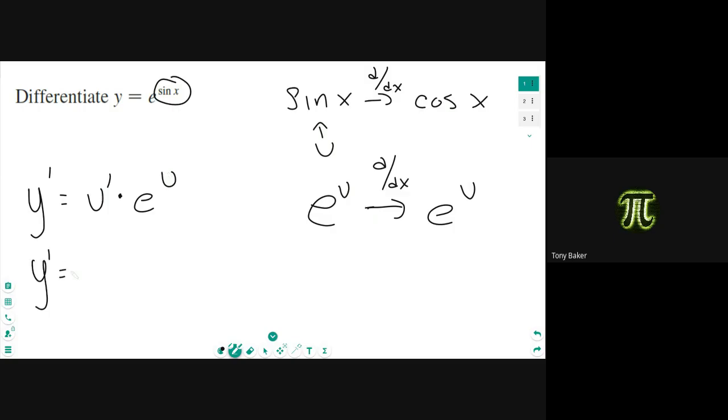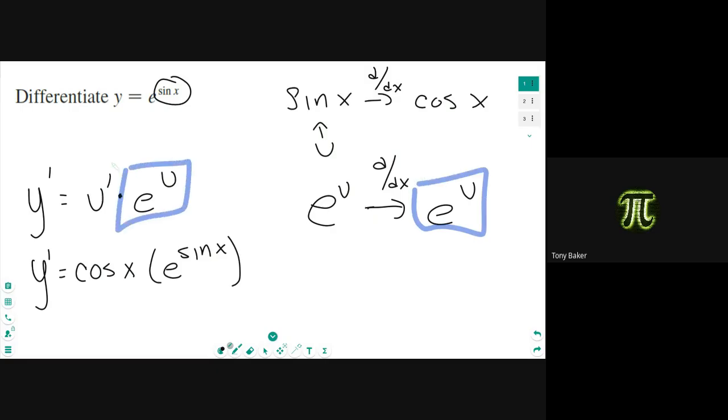So we have cosine of x times e to the sine of x. And that's it. So we've taken that piece and we've made that the u. And then this became that part.